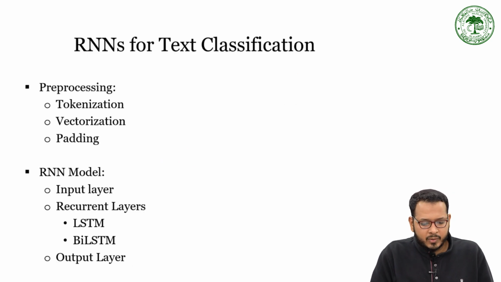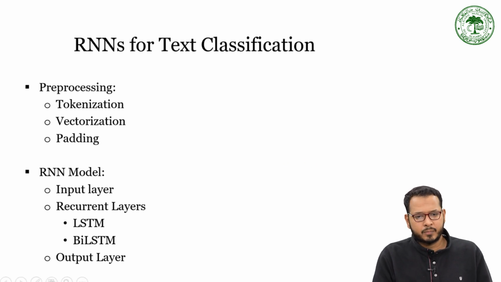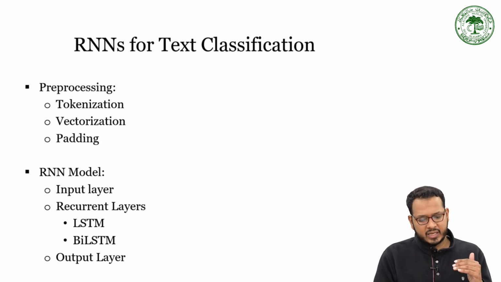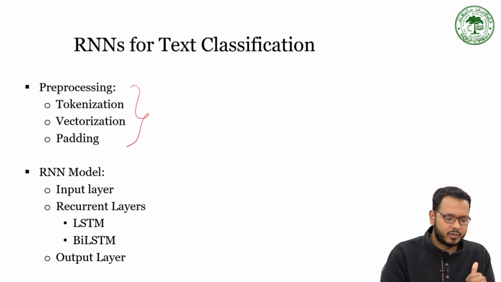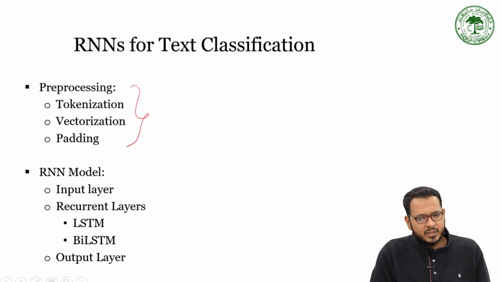Now let's talk about when we apply a recurrent neural network, what is the common process that takes place. Often when we do text classification using RNN, these steps are very common. It first requires some pre-processing, not similar to what the traditional approach like bag of words does, but still some pre-processing is required.